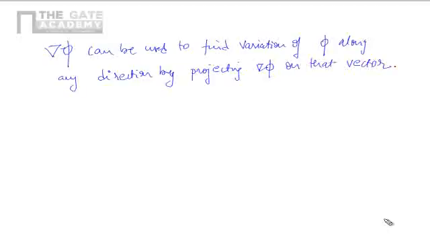What is this vector? This is the vector which is describing this direction, correct. That's what it is.